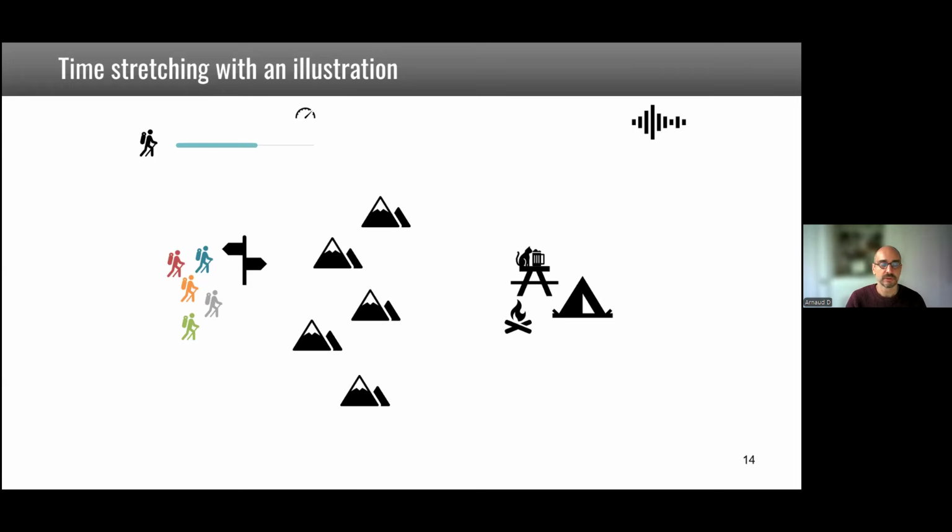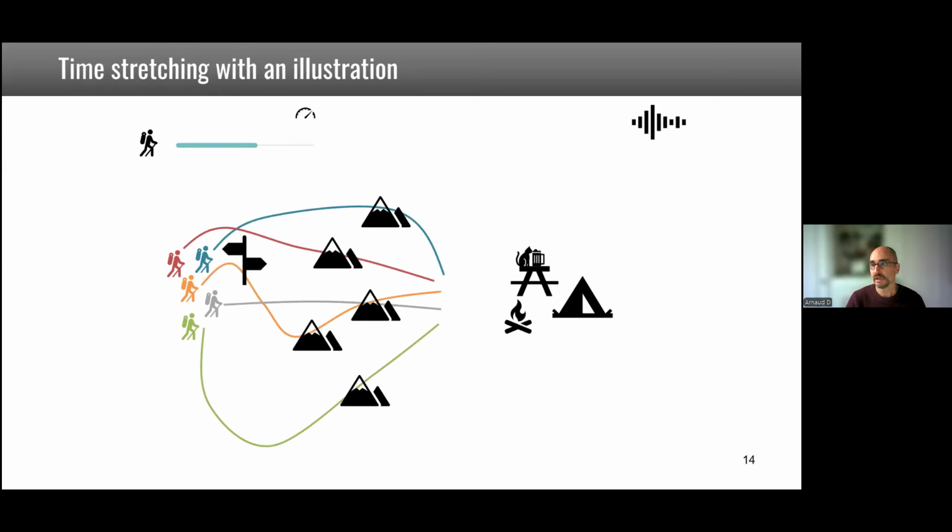To explain what time stretching is, he said, okay, assume that you have a few guys who need to do a hike, and so they need to go through the mountains and reach the campsite here. But of course, they will all take different directions independently. Some think, oh, I will go faster if I go between the mountains, or some will go on top, etc. So they will arrive in a different order because they follow different paths.